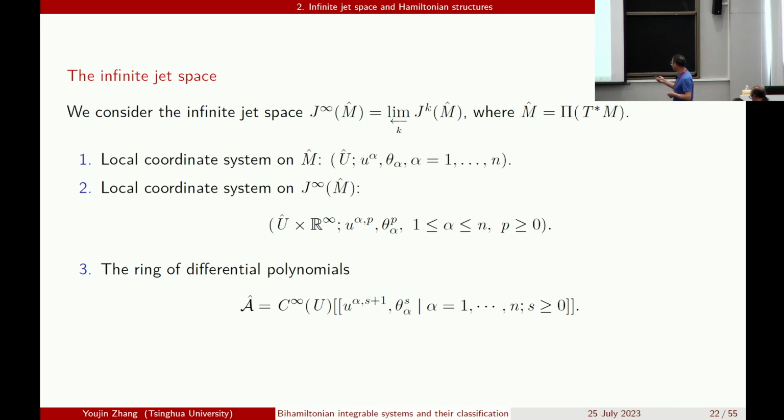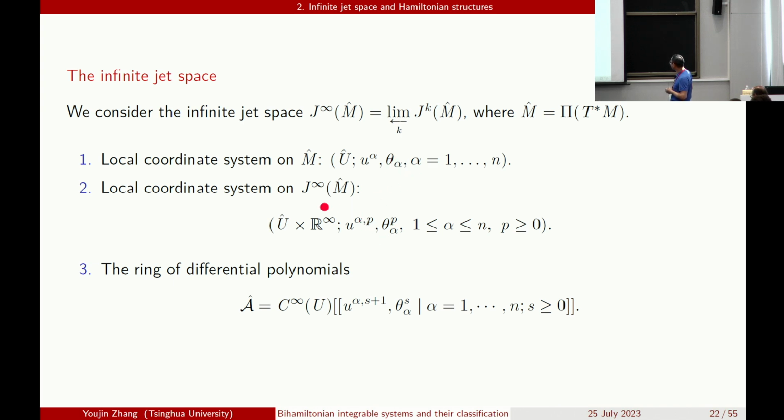In this case, we still start from a finite dimensional manifold M, and then we consider its infinite dimensional jet space, as a projective limit of the k-th jet spaces, or M hat. On this M hat, we have local coordinates u1 to un, which are the local coordinates of the base manifold, and theta are the coordinates on the fiber, the cotangent space.